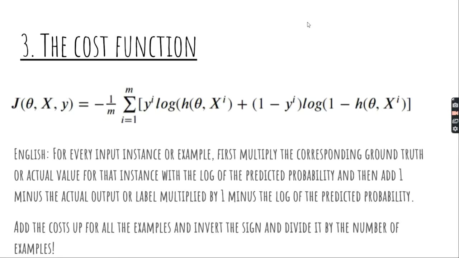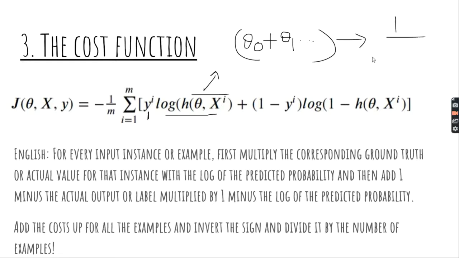We mean that for every input instance in our data set, we'll multiply the ground truth value, which is this y superscript i, with the log of our predicted hypothesis value, which again, just to remind you, was the weighted sum of all the inputs. And that sum itself had to pass through the sigmoid function, which was this.